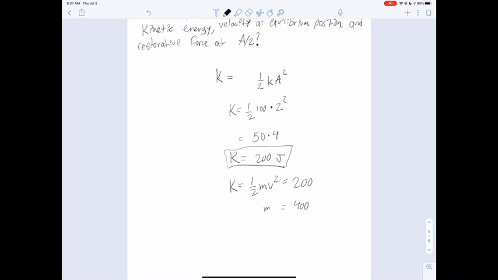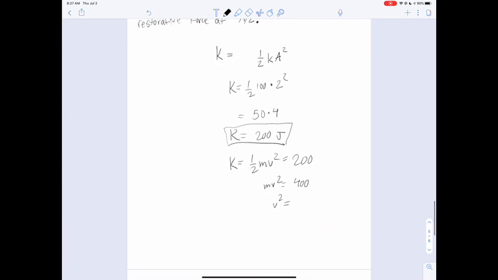So it's 400 over 5. And then I take the square root of this. So 400 over 5 is 80. Then you take the square root of that. And you end up with the velocity being equal to 8.94 meters per second. Okay, so that's the maximum velocity that occurs when x is equal to 0.